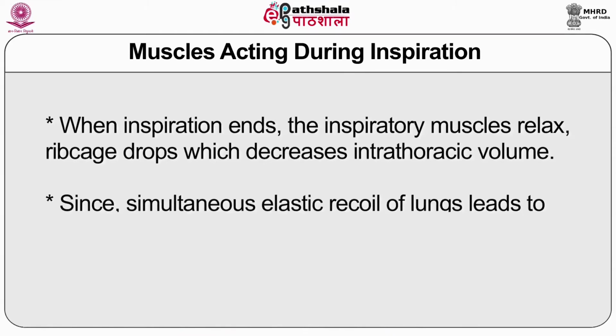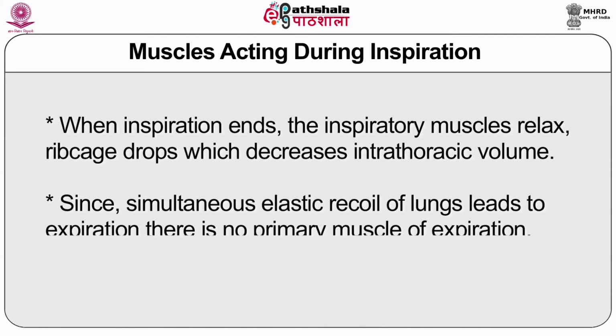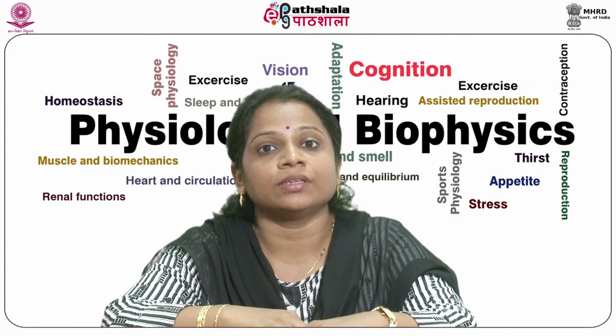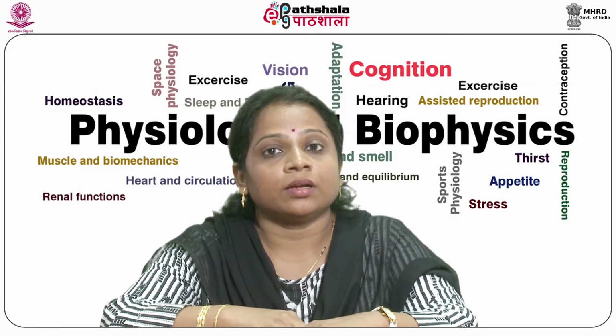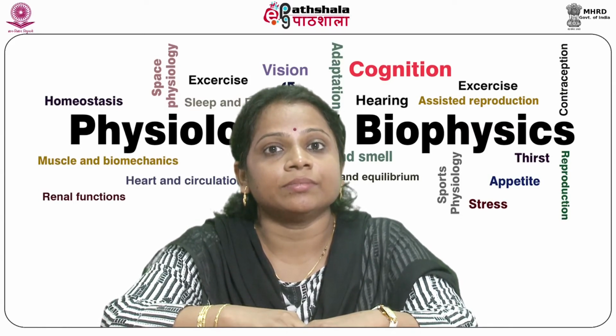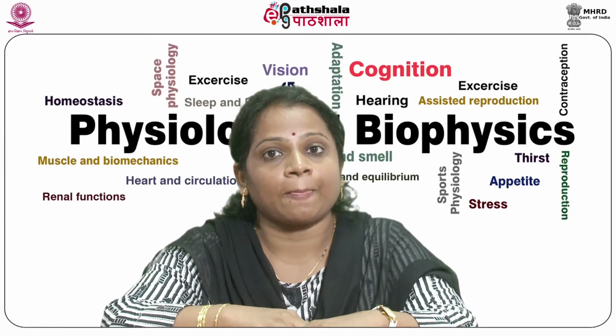Since elastic recoil of the lungs leads to expiration, there are no primary muscles of expiration. However, during forceful expiration like coughing, some muscles come into play, which are called accessory muscles of expiration.